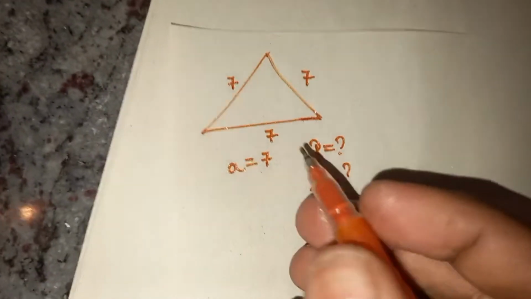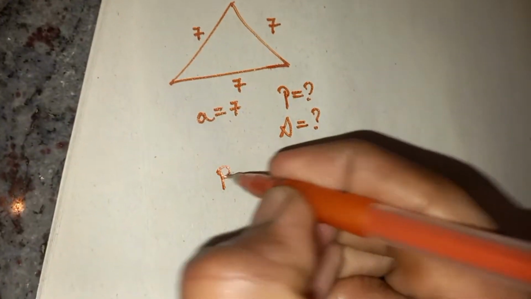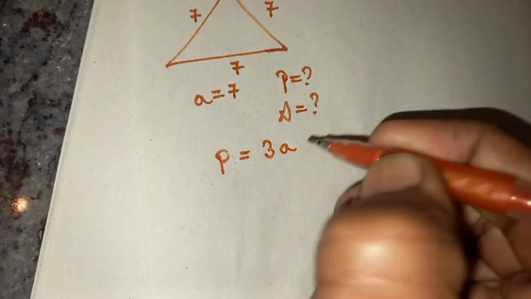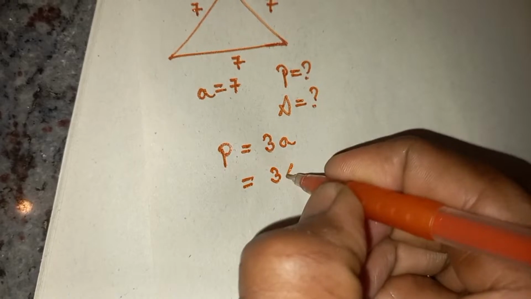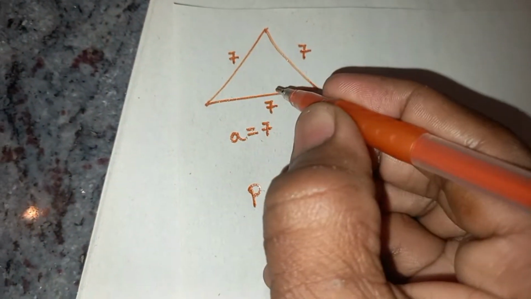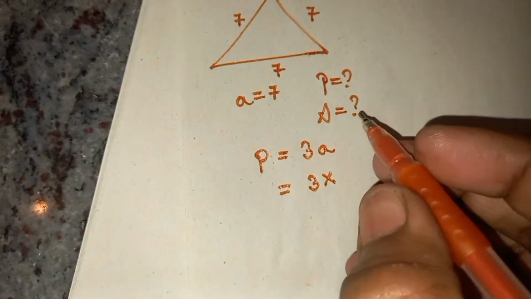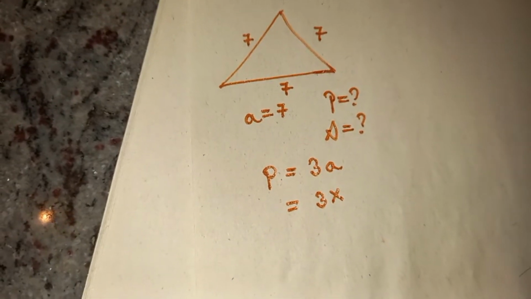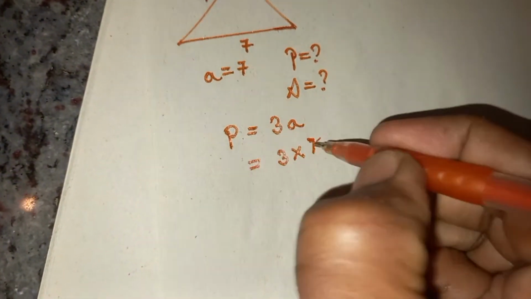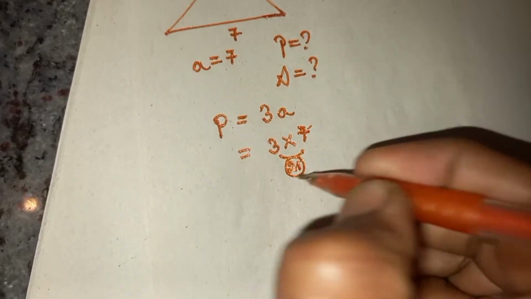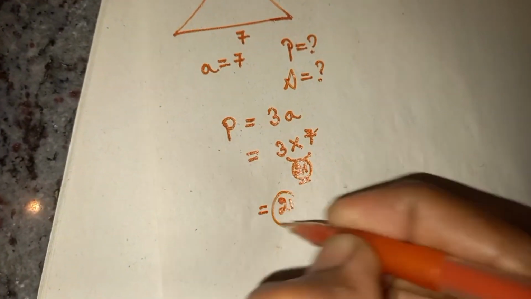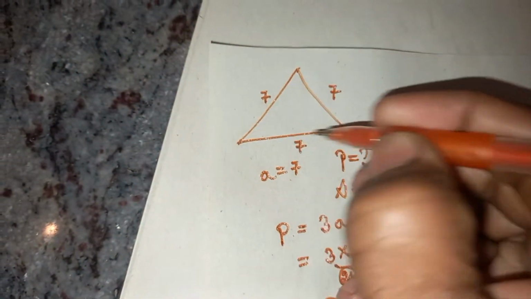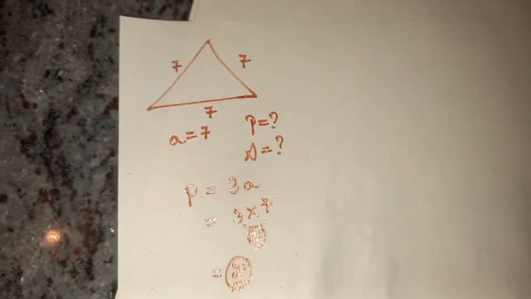Here also it is the same thing. The perimeter of the equilateral triangle is 3 times the side length, which is 3 times 7 units. 3 times 7 is equal to 21. So 21 units is the perimeter of this triangle.